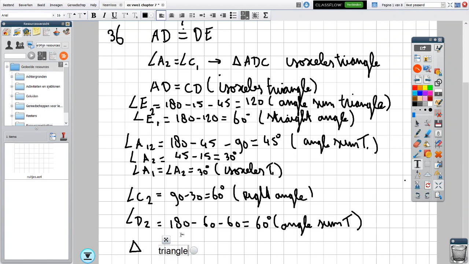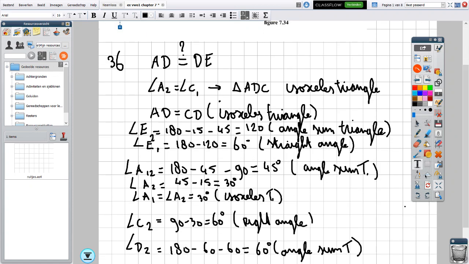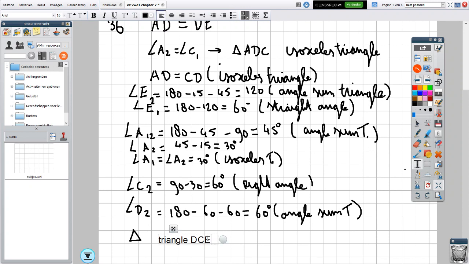So, triangle DCE, or DEC, is an equilateral triangle because all angles are 60 degrees.